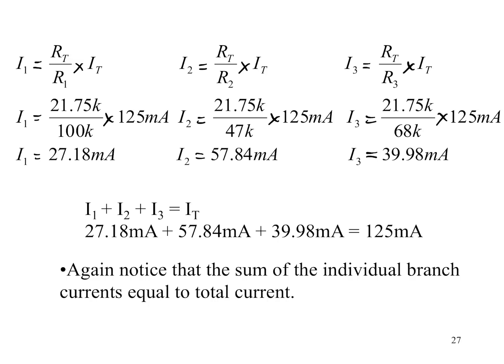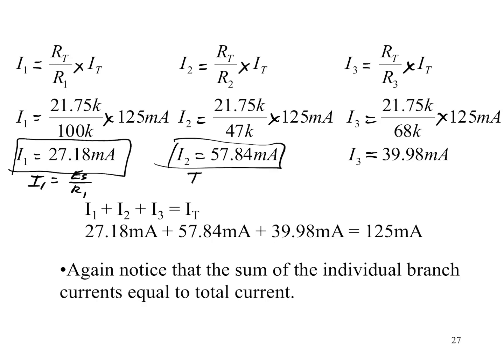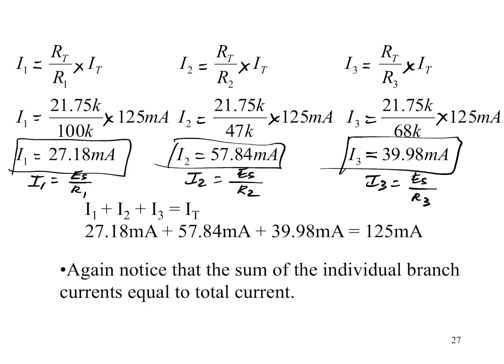And when it comes to these branch currents, each one could be confirmed as I1 equals E source over R1, I2 E source, the same value as I1 of course for E source, over R2, and then here I3 equals E source over R3. Okay, Kirchhoff's current law says that adding the currents all together will equal the total current.